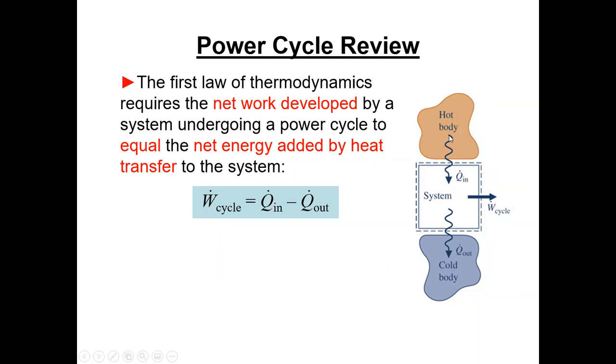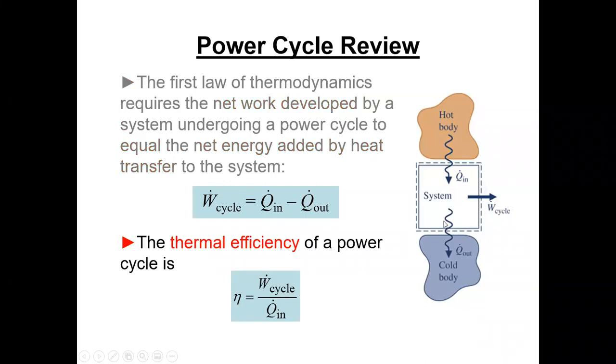This could be done by a boiler. Then work, which could be electricity or a spinning shaft, exits. And then we reject some heat to the surroundings. So net heat would be Q in minus Q out, and of course, the net work of the cycle is the work developed.